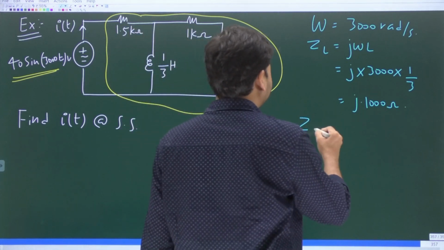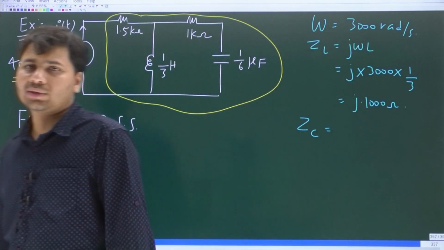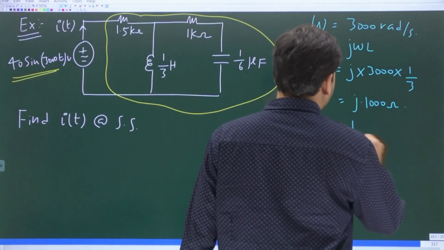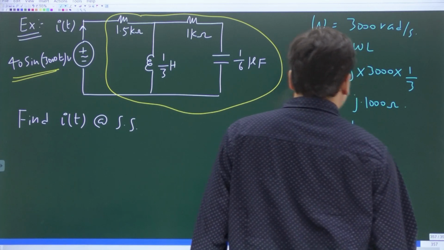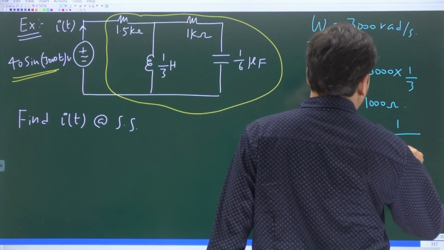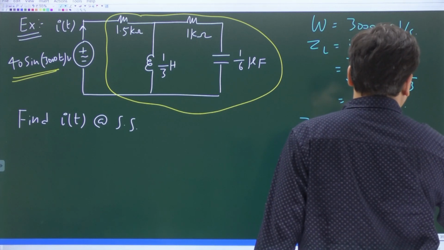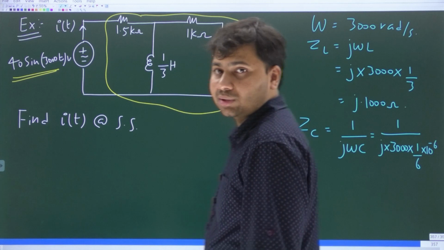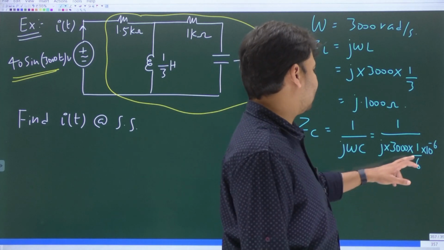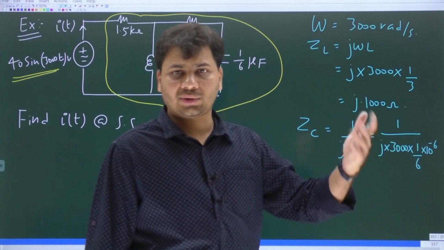In the same way, we can also find the impedance of the capacitor. It is given by 1 by j omega C. So ZC is 1 by j omega C. Omega is 3000, whereas the capacitance value is 1 by 6 times 10 power minus 6. 1 divided by 1/6 is 6, and 1 by 10 power minus 6 is 10 power 6.